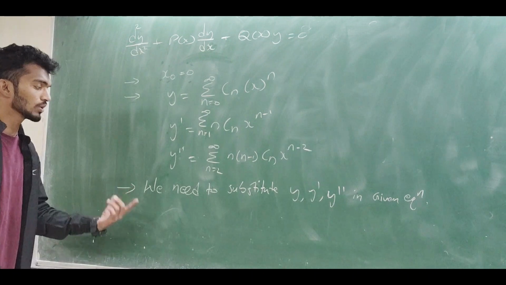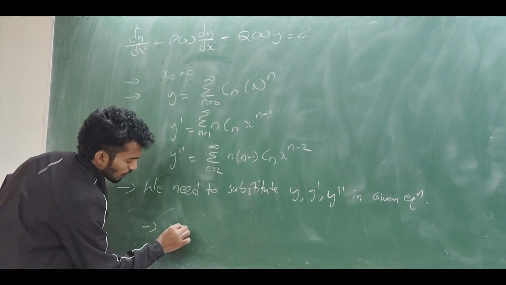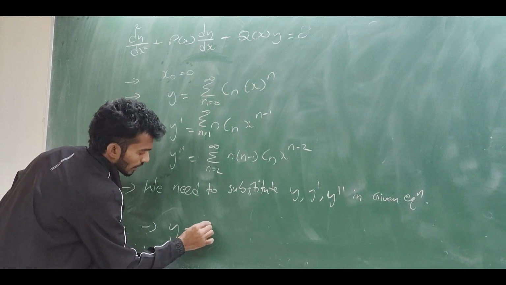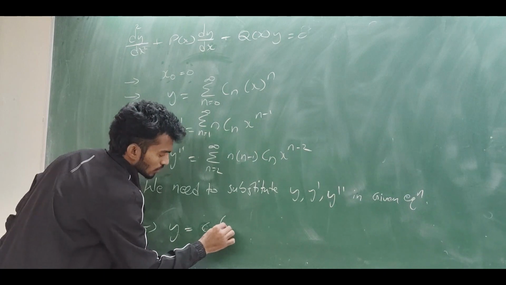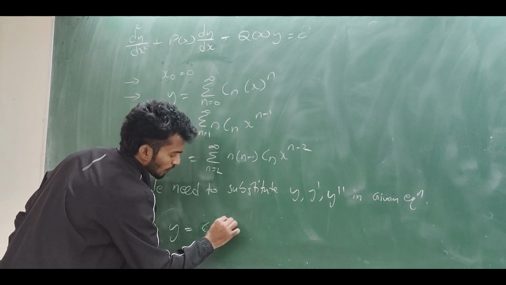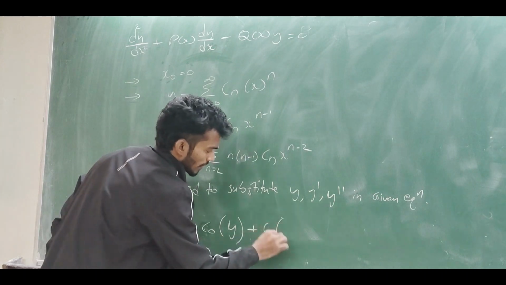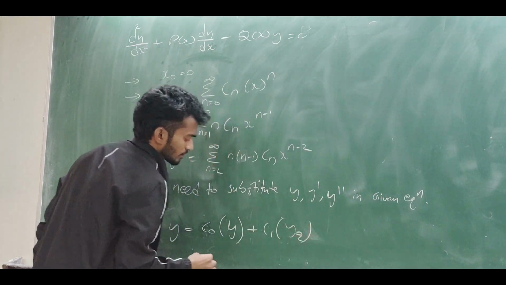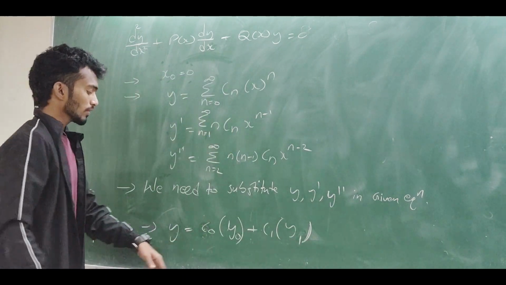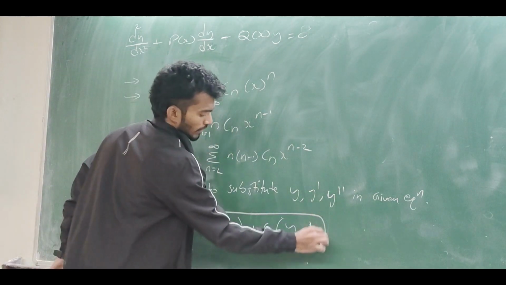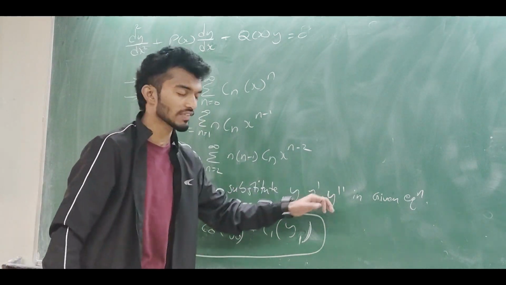And then we need to solve the equation. Then we get y equal to c naught into y1 plus c1 into y2. We will finally get the result like this by solving the given differential equation after substituting y dash and y double dash.